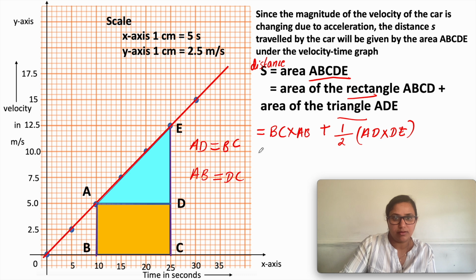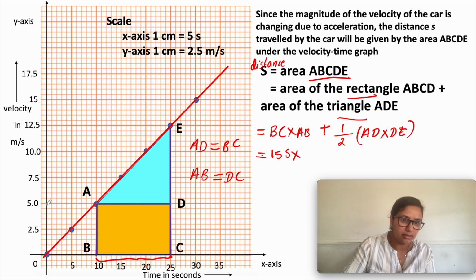So what is BC here? BC is nothing but AD, which is equal to the difference between T2 minus T1, that is 25 minus 10. So that is 15 seconds into, what is AB here?